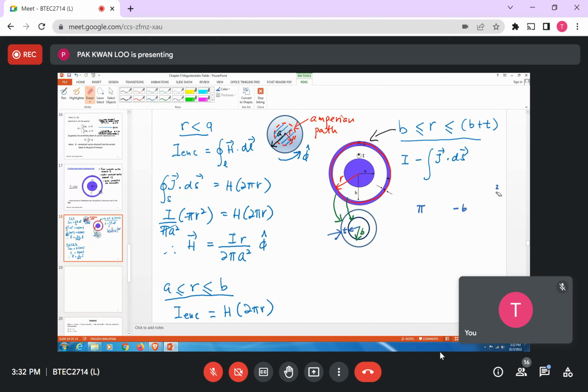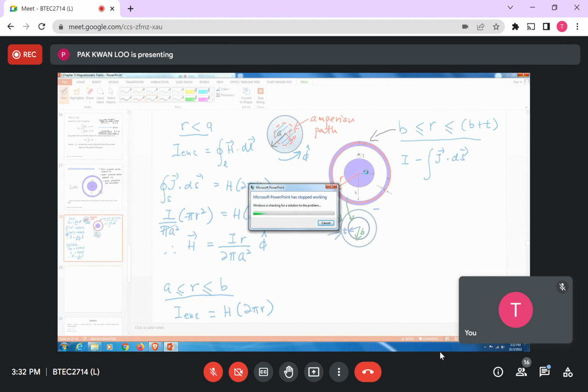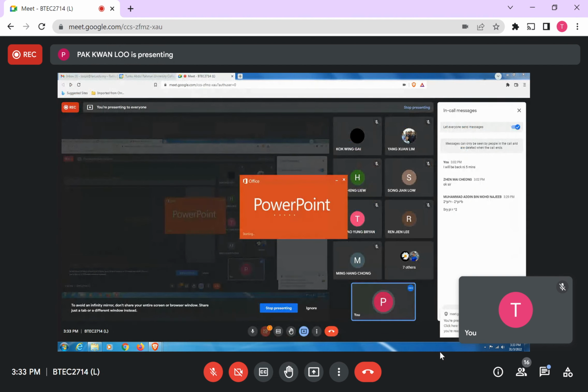Maybe I just write again. I'm just writing down the current enclosed by the Ampere's path. This is minus I. Oops, sorry.